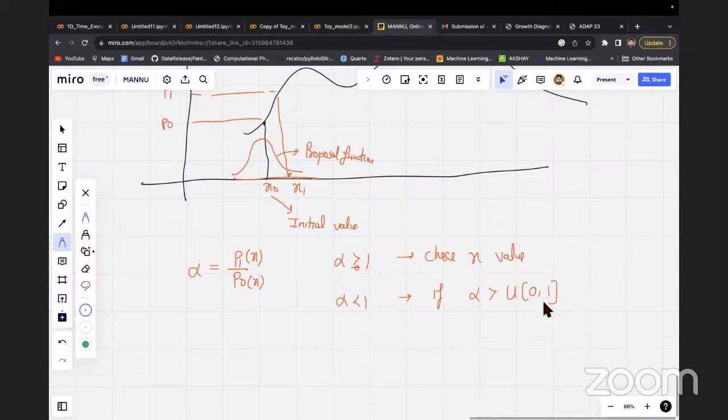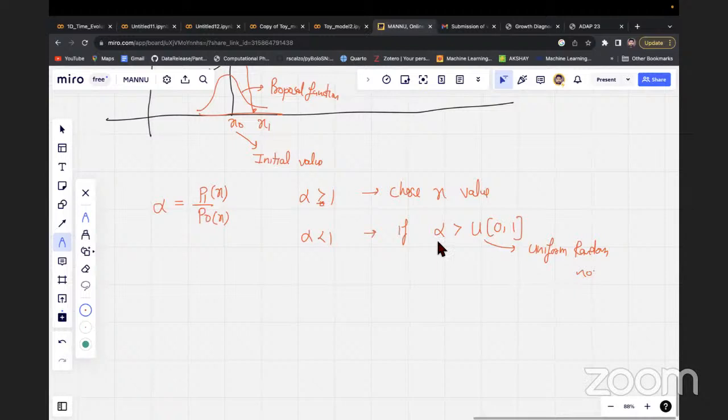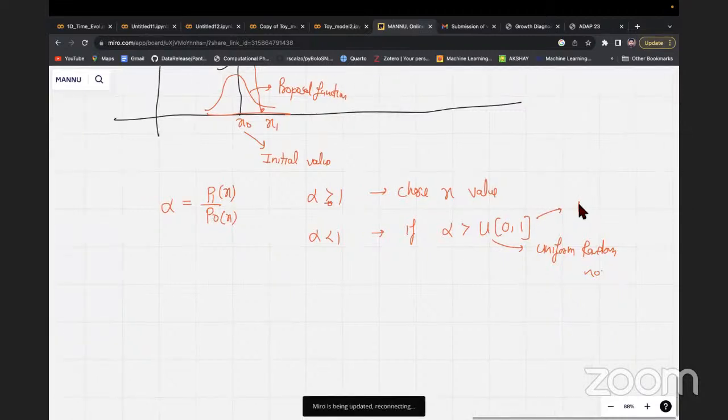It will be 0 to 1 in the case when it is less than 1. So we compare this alpha with some u. U is the uniform random number. So if alpha is greater than u, then you are going to accept it.